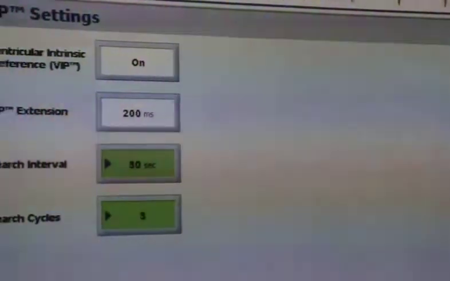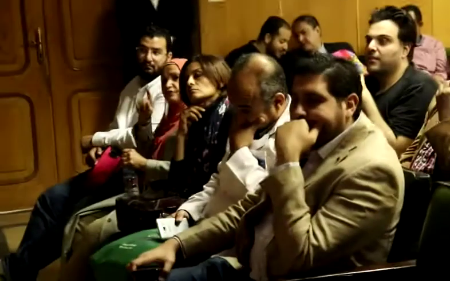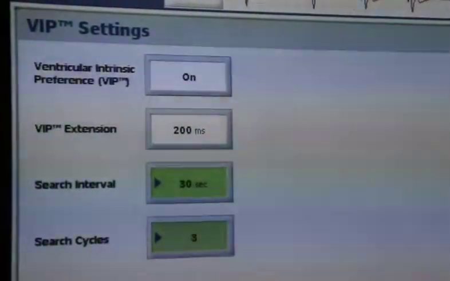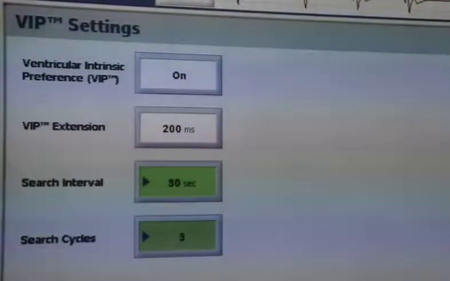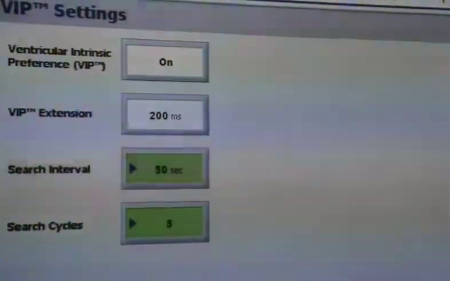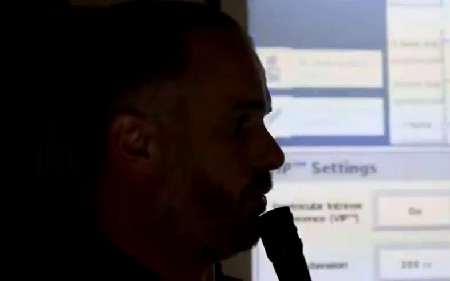Sorry, it's not 1 out of 3; in this one, 3 out of 3 will have to be long. But outside of the search, maybe at 15 seconds, if we see an R wave, so we see intrinsic conduction, then it will just go long. So 1 beat outside of a search, 3 beats in a search.